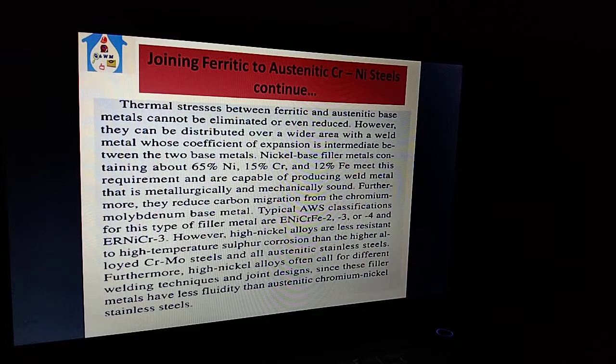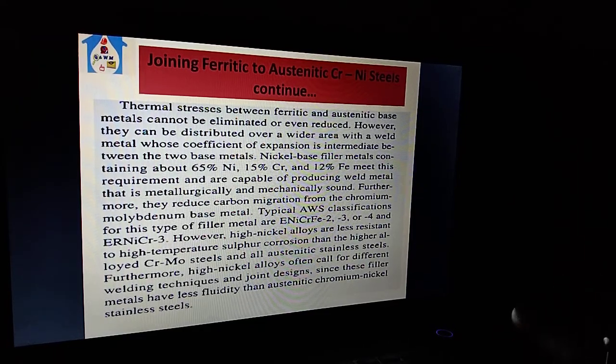Furthermore, high nickel alloys often call for different welding techniques and joint design, since these filler metals have less fluidity than austenitic chromium nickel stainless steel.